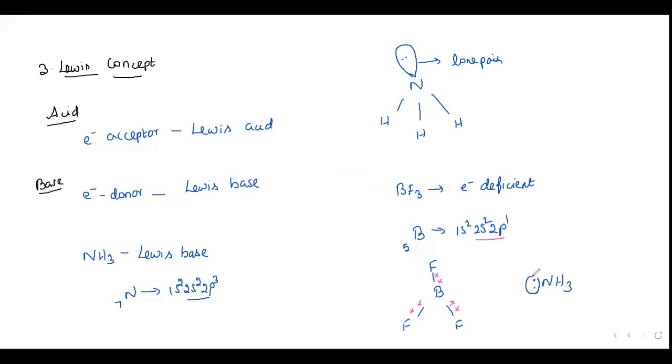So NH3 donates a pair of electrons to the electron deficient species. So here BF3 acts as Lewis acid, NH3 acts as Lewis base. So this is about the classification of acid and base.